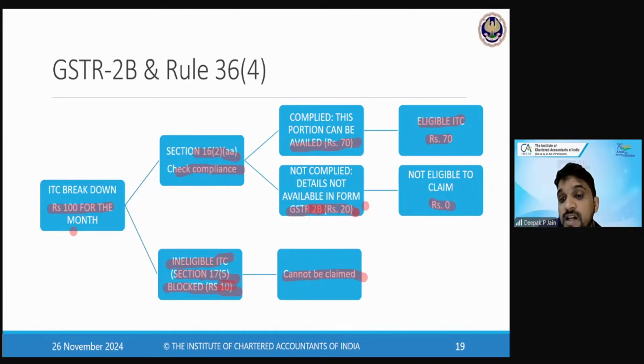But the job worker charges you the job work charges. On that you can claim the credit. But what material you are giving to the job workers, on that you cannot claim the credit.